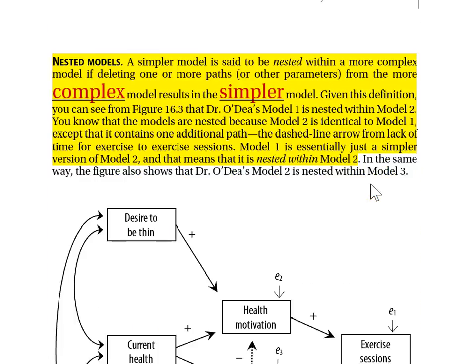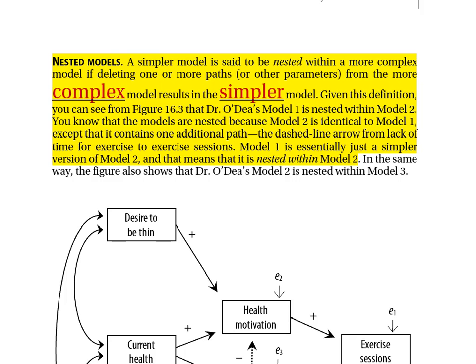I'm on page 21 at the top. What do you mean nested models? A simpler model is said to be nested within a more complex model if deleting one or more paths or other parameters from the more complex model results in the simpler model. Given this definition, you can see from Figure 16.3 that Dr. O'Day's Model 1 is nested within Model 2.